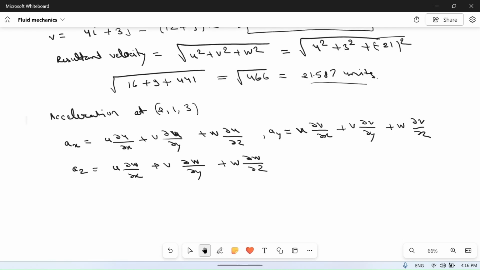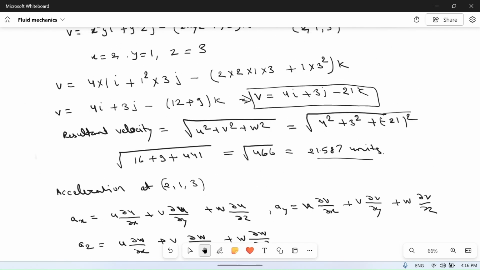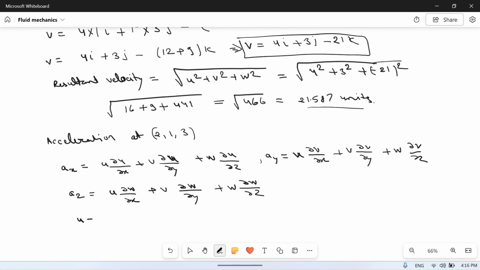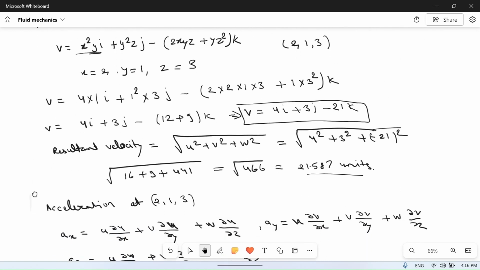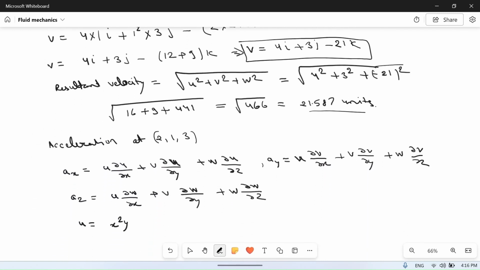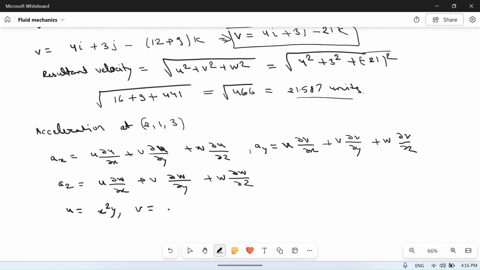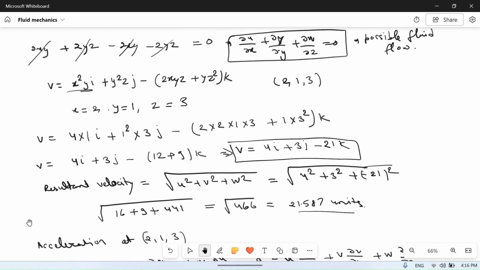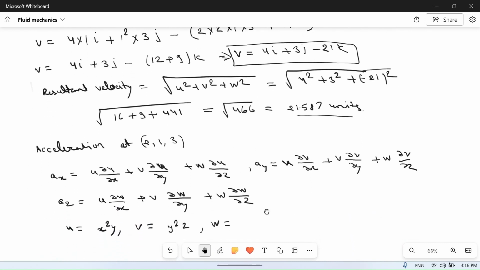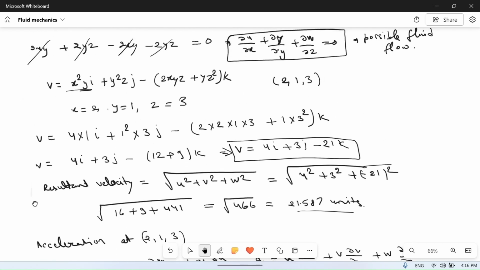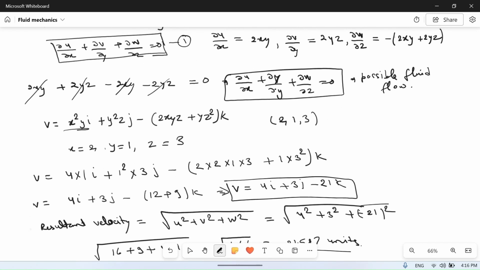Okay, now if we see from here, u is given as x square y, v is given as y square z, and w is given as minus 2xyz plus yz square.